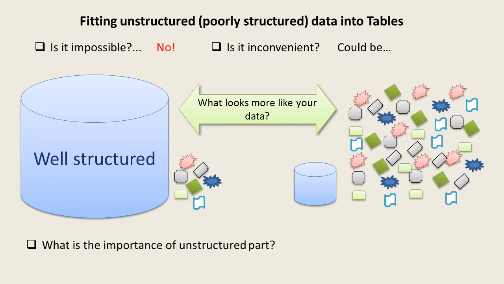Another important issue to establish is the importance of this unstructured part. It's not only the fact how big it is that matters, but also what kind of importance it has. If you remember our previous examples, we were storing data about pets of our employees.